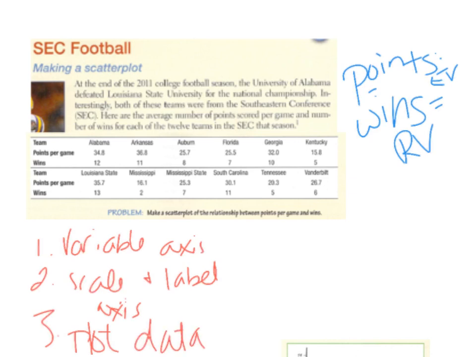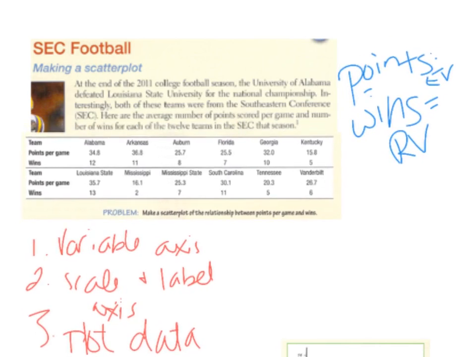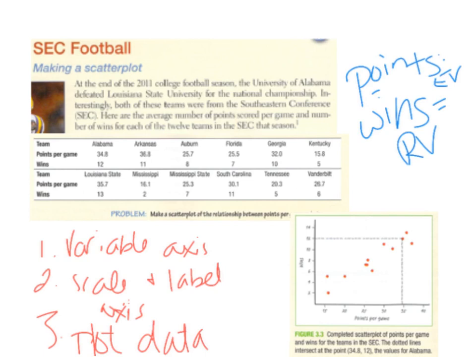And so you should end up with a graph that looks something like this. We've got points per game down on the x-axis. On the y-axis, we have our wins. Wins might have started at 0, but you'll see the scale is consistent going by 2s.